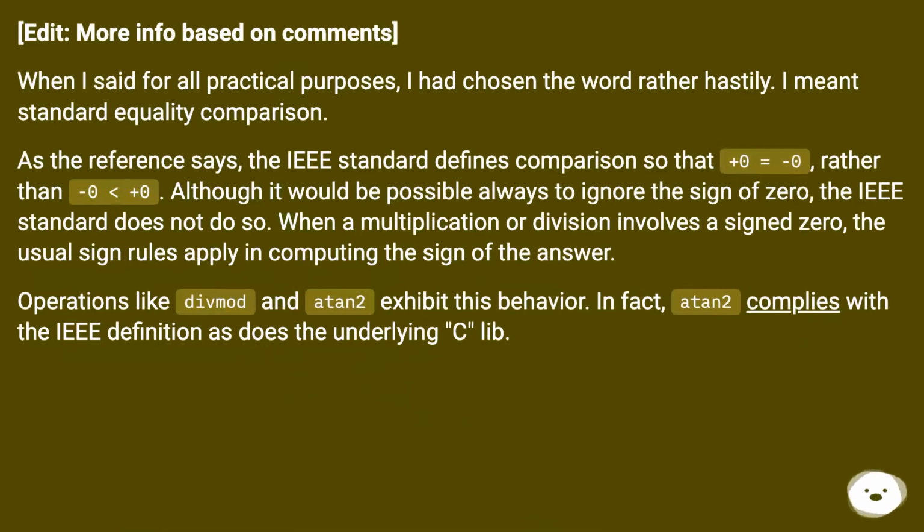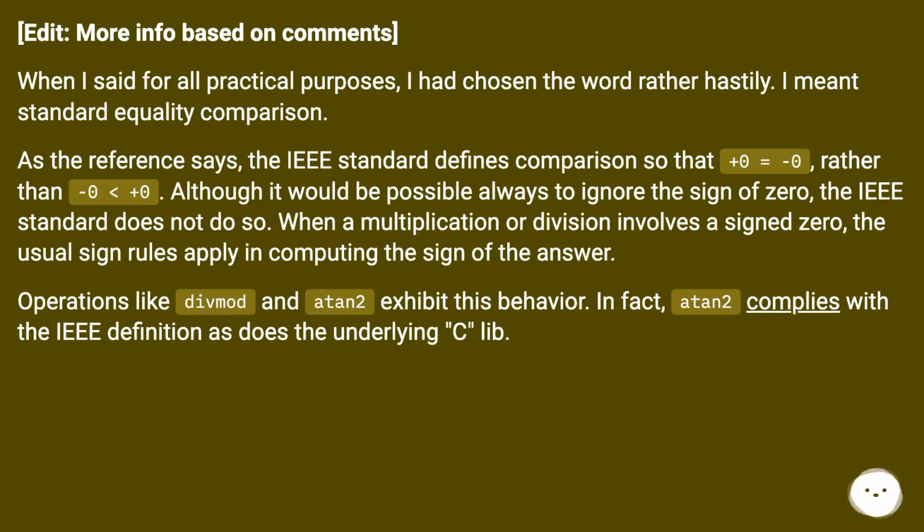Edit, more info based on comments. When I said for all practical purposes, I had chosen the word rather hastily. I meant standard equality comparison. As the reference says, the IEEE standard defines comparisons so that +0 is equal to -0, rather than -0 being lower than +0.